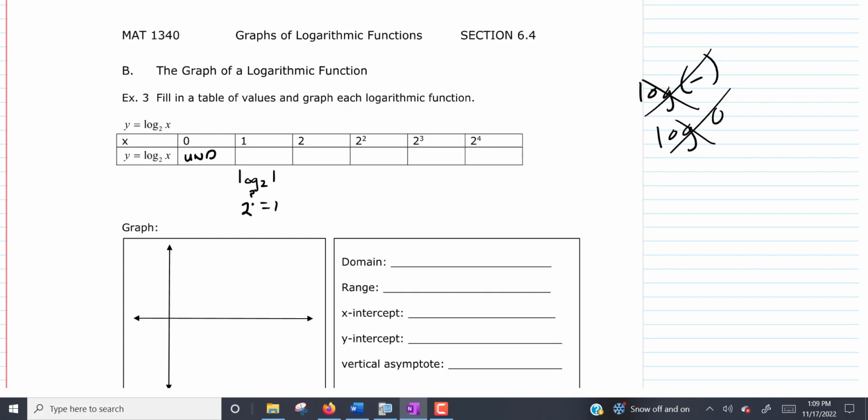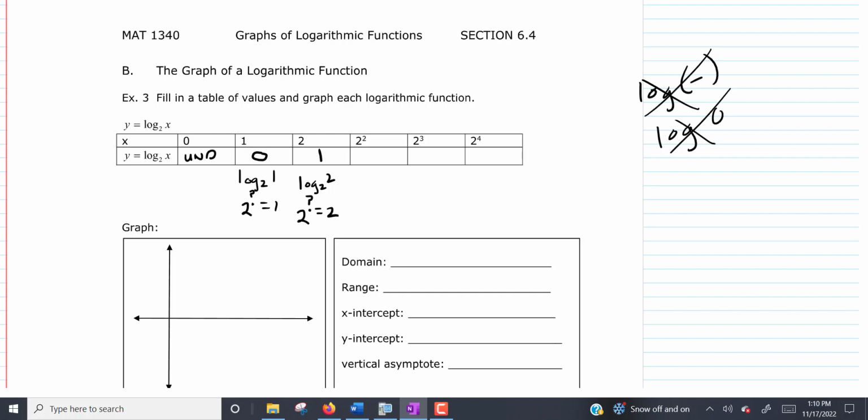What power do you raise 2 to get 1? 0. We don't have to set these equal to x; you can start thinking of it this way. The next one is log base 2 of 2. 2 to what power is 2? 1. 2 to the first is 2.